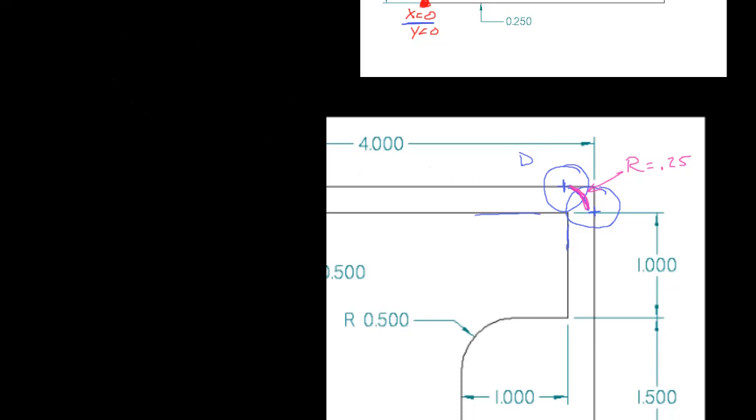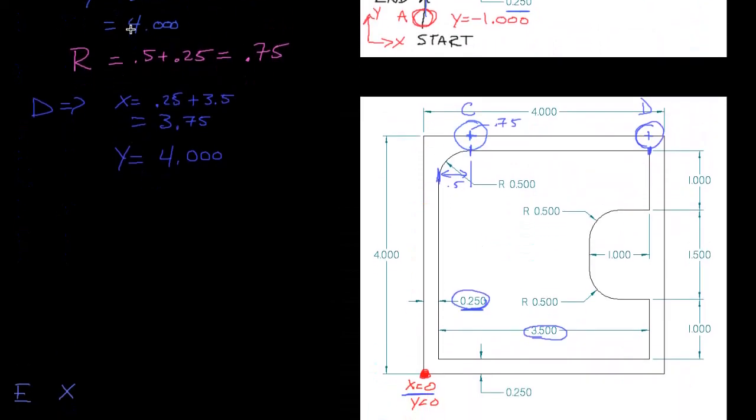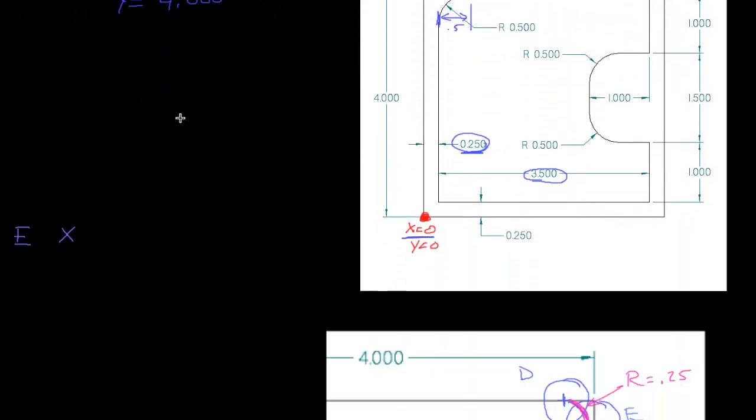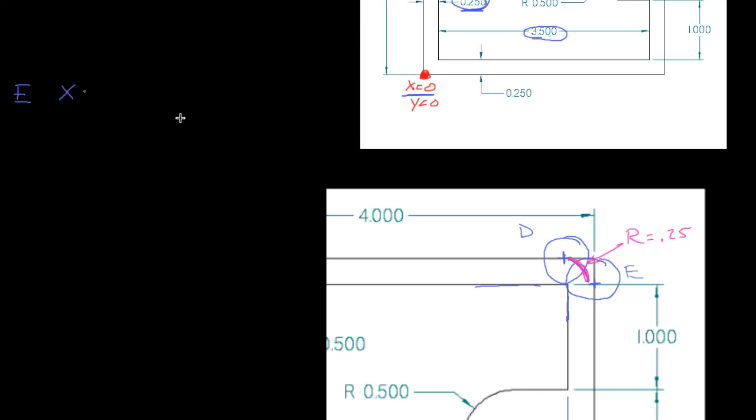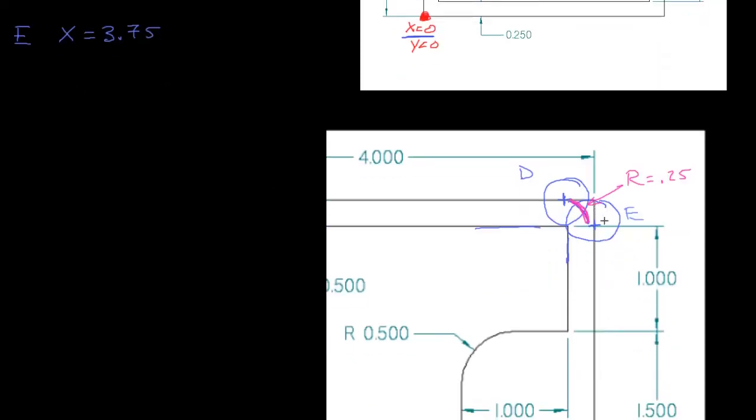Okay, so we'll call this point E. So point E, the x position was 3.75. And we've just moved down 0.25 inches. So we'll do minus 0.25.